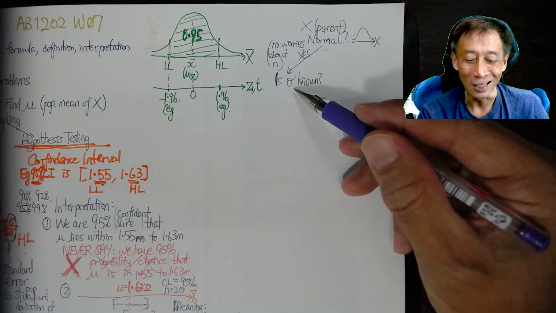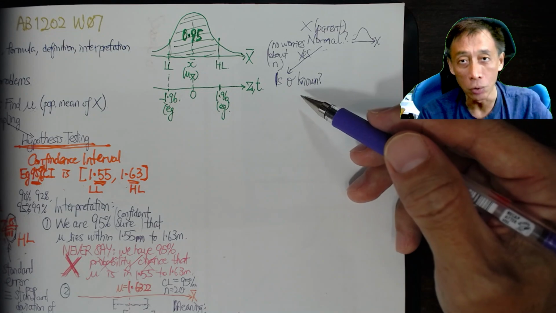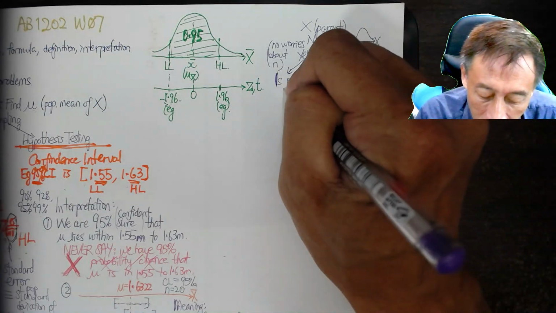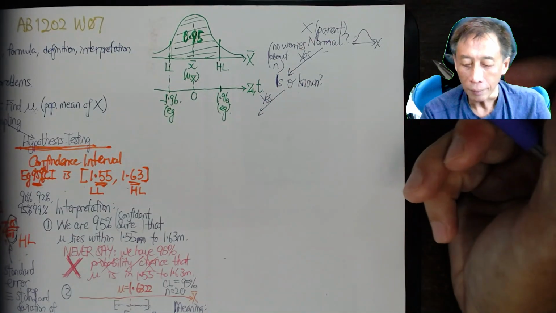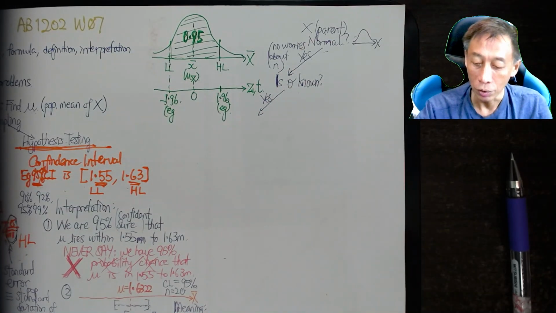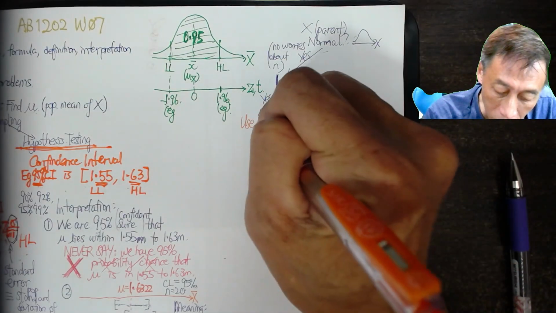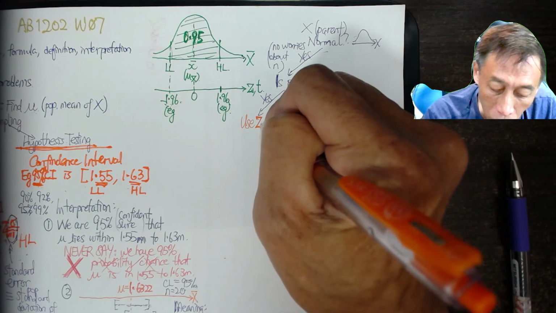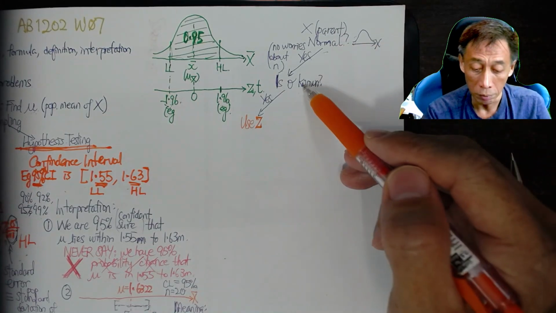So is sigma known or not? Sigma exists or not? It always exists. Is it known to us as a number? That's the meaning. So if it is known, then we use z. Let's check: normal, sigma known, use z.